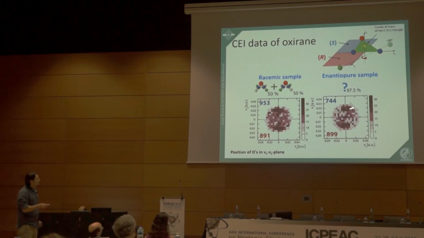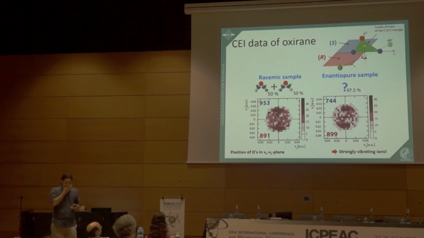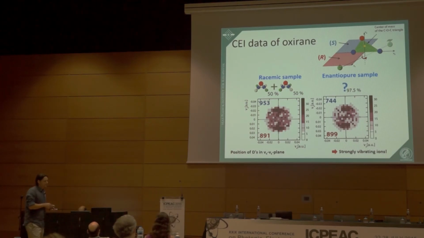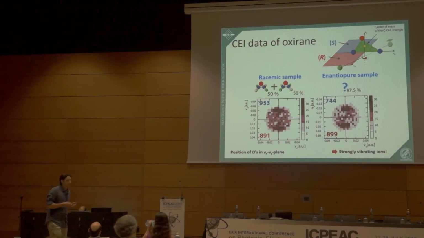And also, if you look at these pictures, you already see very many Ds. But still, we are dealing with strongly vibrating ions, since we in principle almost directly injected the molecules from the ion source into our Coulomb explosion imaging beamline, and the molecules just didn't have enough time to vibrationally cool.